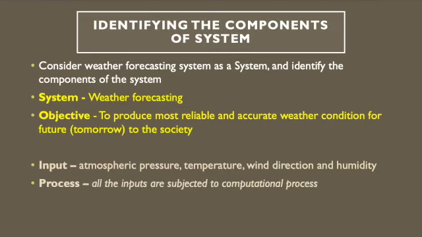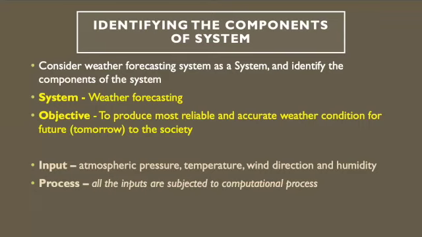So what will happen? The process. All the input are subject to a computation process. We may have some equations, and putting them into the computer, the equations will calculate the future weather. For example, what the weather is at 10 o'clock, at 11 o'clock.